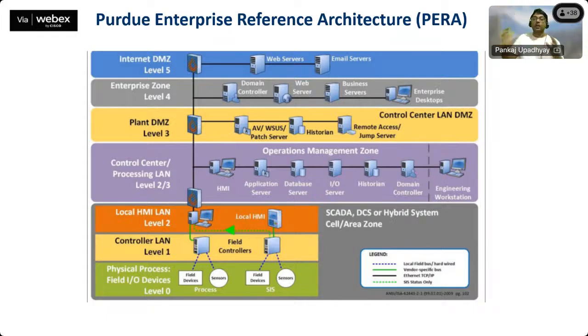It's not like that when you have a plant, there must be some IT business operation also going on. How you're connecting the IT infrastructure to OT, that is the most critical part. So the IT to OT convergence: this kind of network architecture should be there, and we should follow this network segmentation to minimize the security risk.